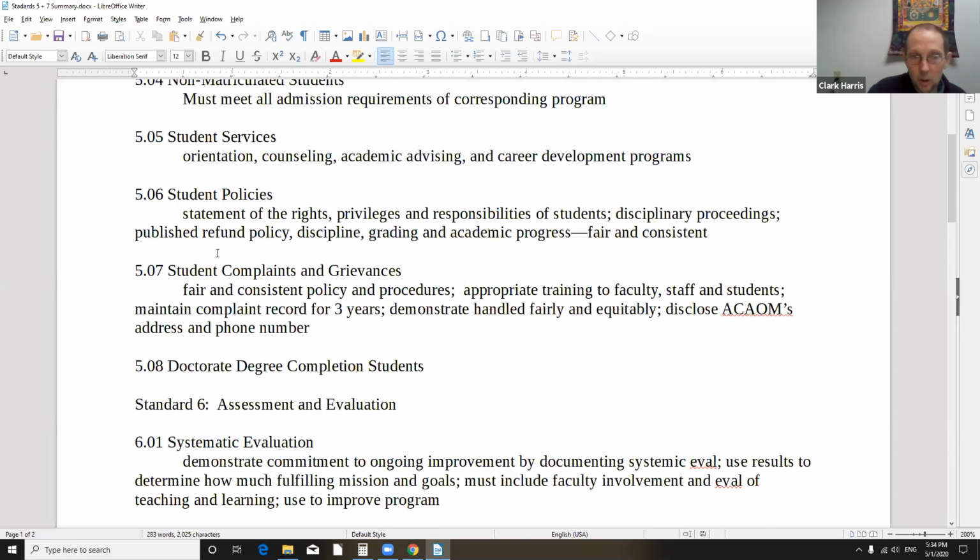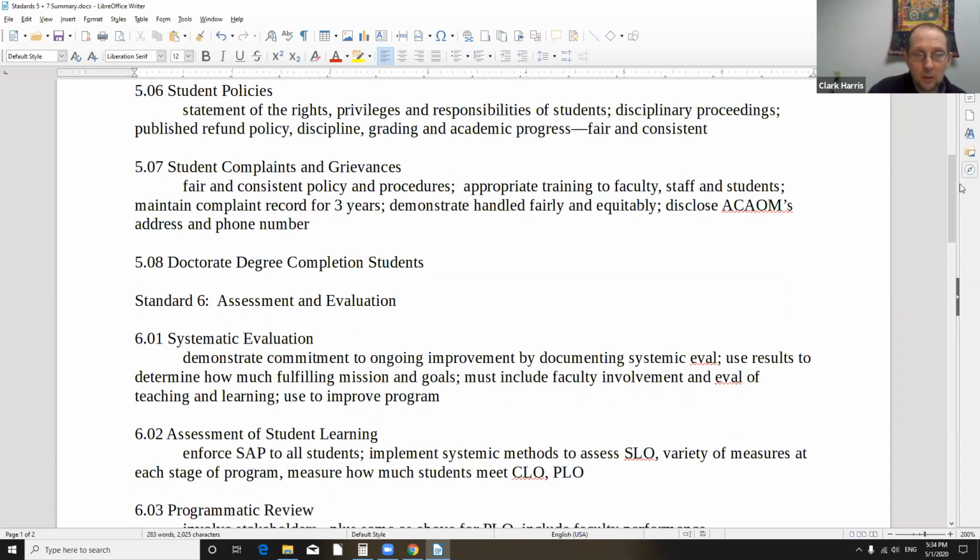We need to make sure that we publish our refund policy, and that all of the discipline, grading, and academic progress is fair and consistent among all students. 507, student complaints and grievances: fair and consistent policy and procedures, appropriate training to faculty, staff, and students, maintain complaint records for 3 years, demonstrate handling fairly and equitably, and disclose ACAOM's address and phone number, just in case somebody needs it to whistleblow or ask for advice.